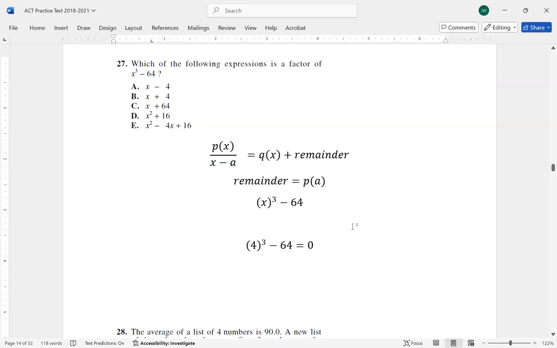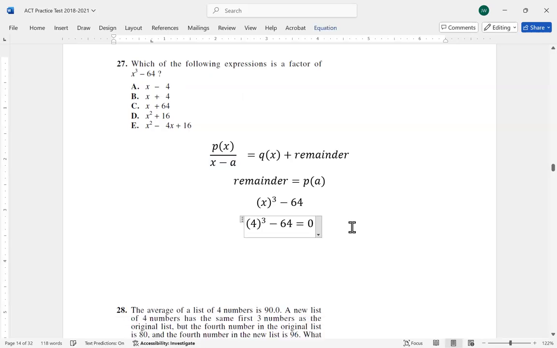Therefore, option A is the correct answer. Now, normally I would stop right here. But you can also try this out for option B as well. With option B, the a is going to have to be -4. So I'd plug in -4, cube that, and then subtract 64.